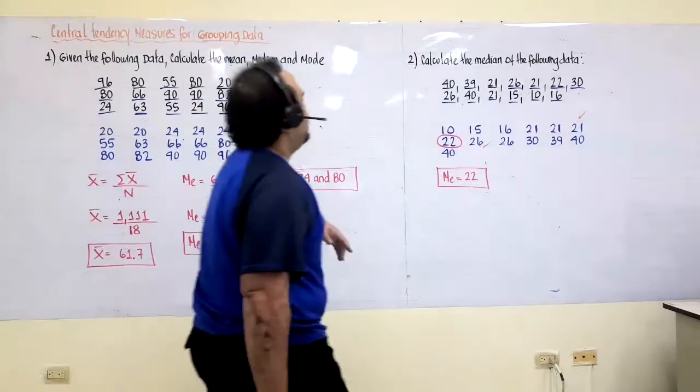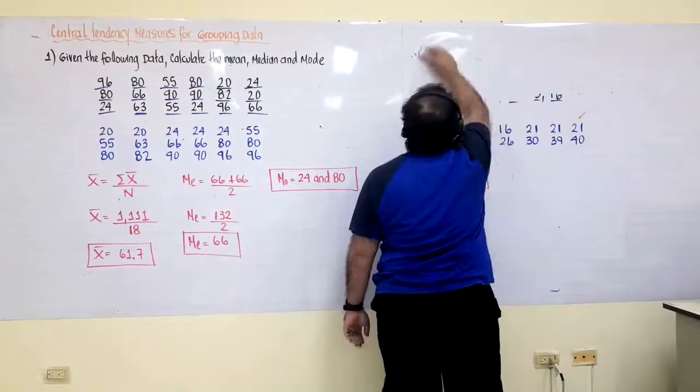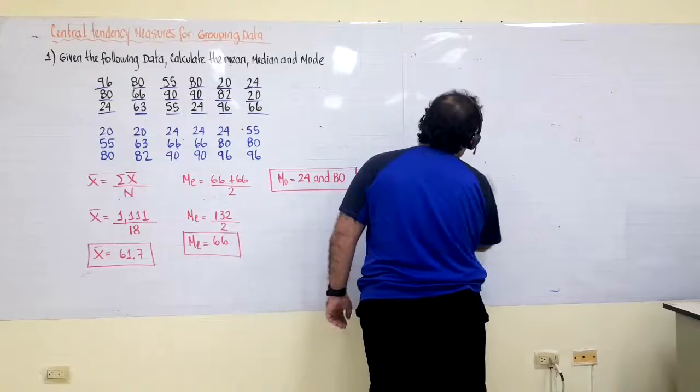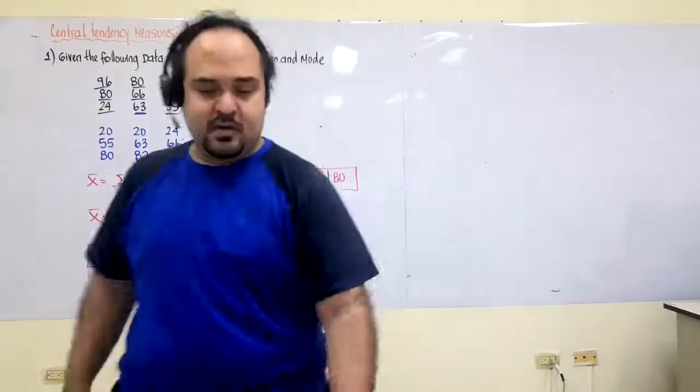I'm going to copy the example over here because before doing that, I'm going to provide you with other formulas for how we can do that. So let me copy this one over here.